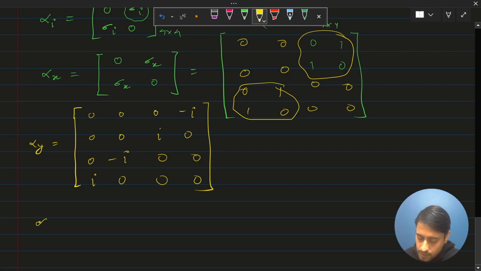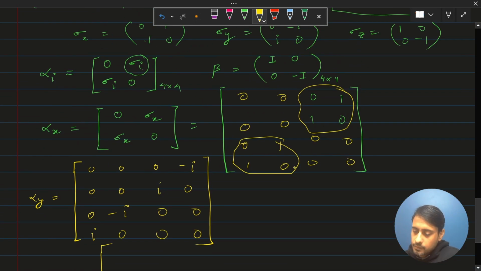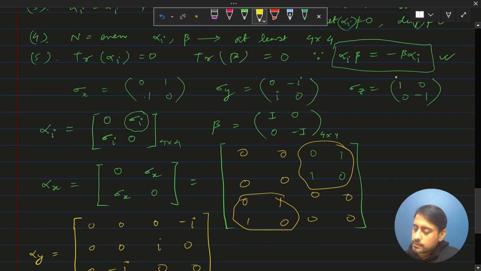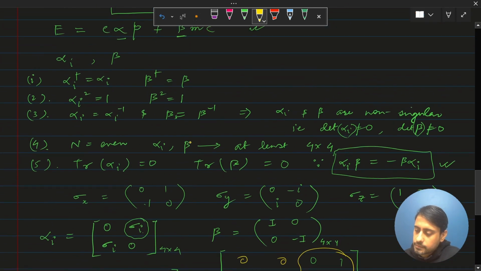Okay, so alpha z will be, so you know that we have the sigma z as this. So first we can write 0 0 0 0, then sigma z, which is this one.